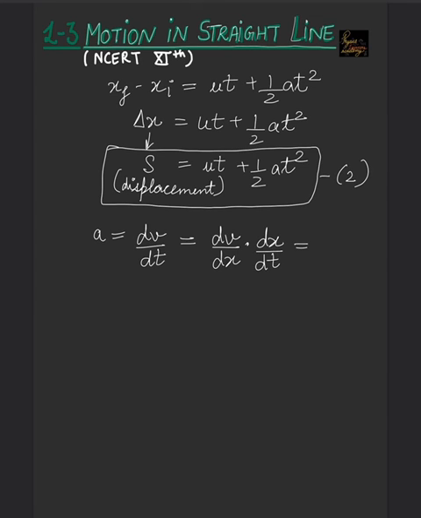What is dx by dt? v. This is dv by dx. This term is v. The other terms carry over the same. Now what we do is simply a is equal to v dv by dx. What happens here is we cross multiply. a dx is equal to v dv.